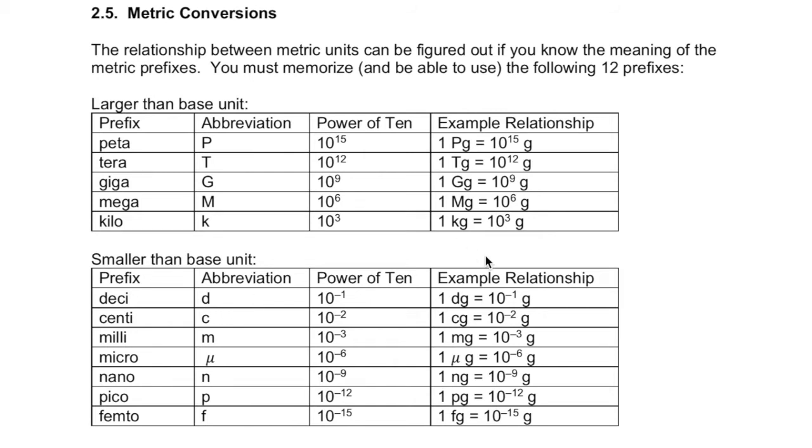What we need to do the conversion is not just a number, we need a relationship. We need to know that 1 decigram is equal to 10 to the minus 1 grams. And it is not correct to say that 1 gram is equal to 10 to the minus 1 decigrams.